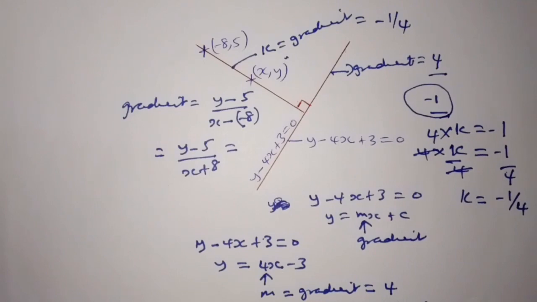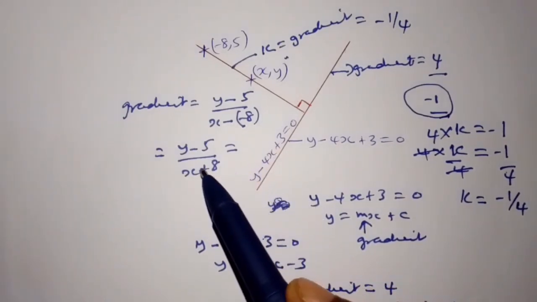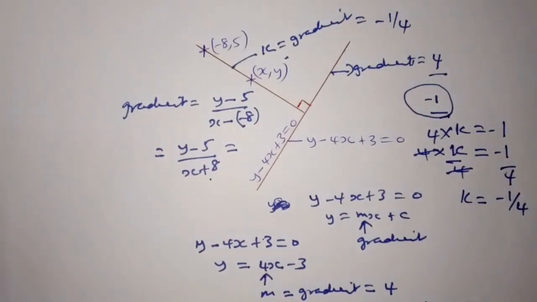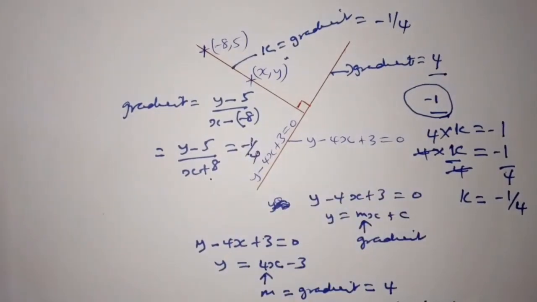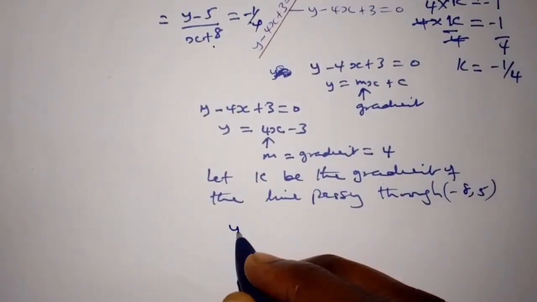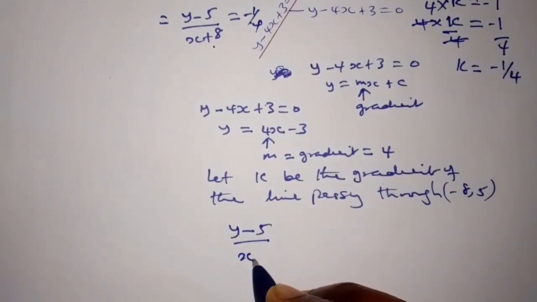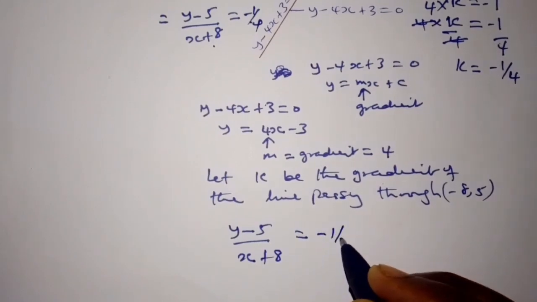So now we can complete our equation here. We can say that y minus 5 over x plus 8 is equal to -1 over 4.